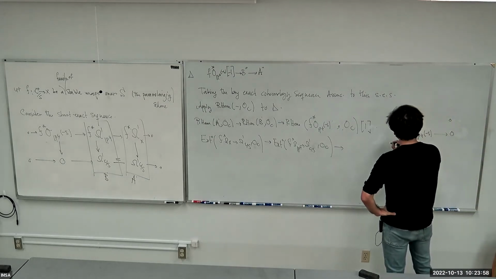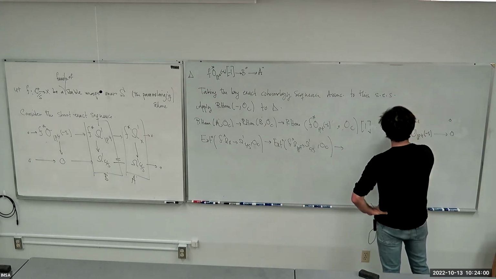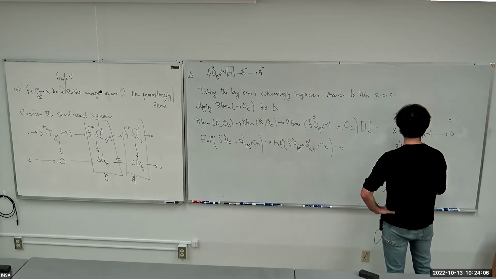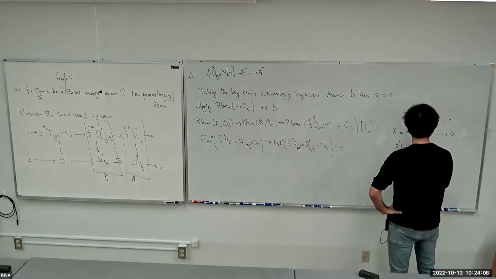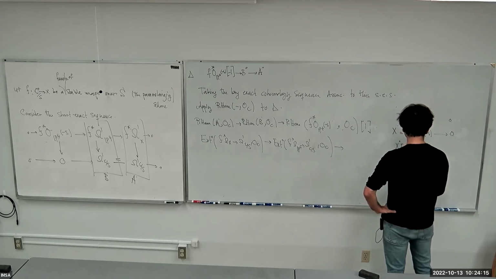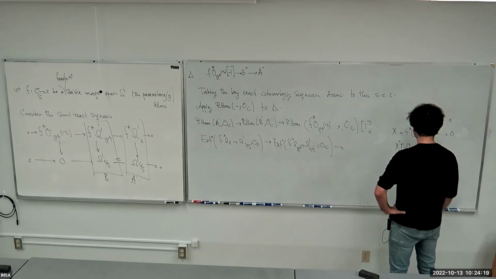If I call this one complex X dot, for instance, X dot shifted by minus 1 is what? X dot shifted by minus 1 is a new complex. Y dot 0 is X dot of 0 minus 1.